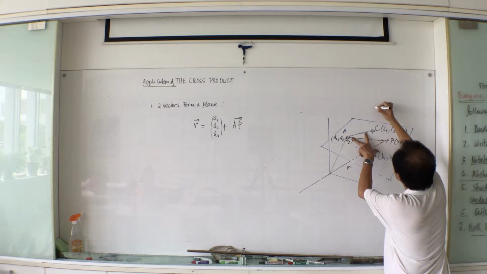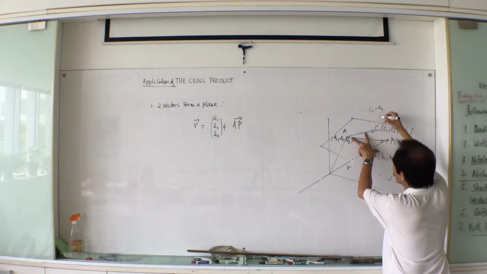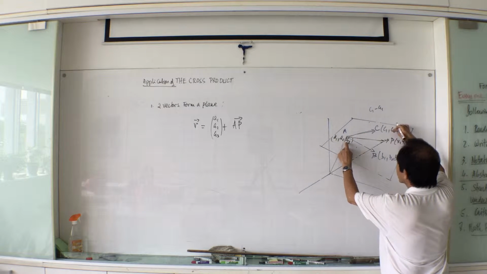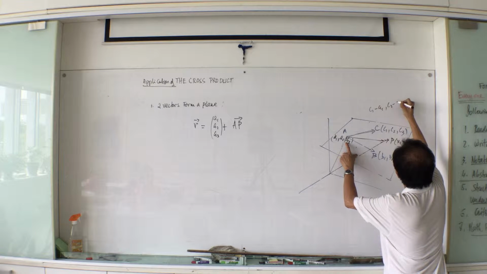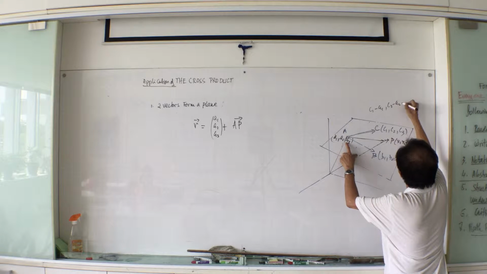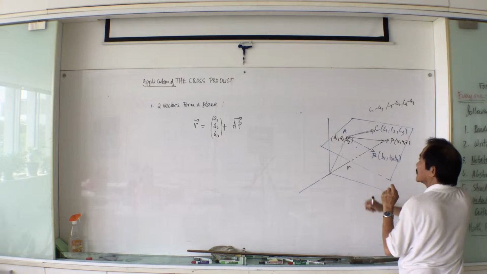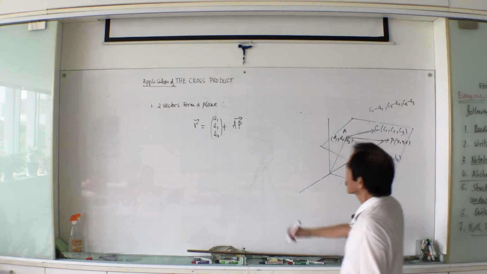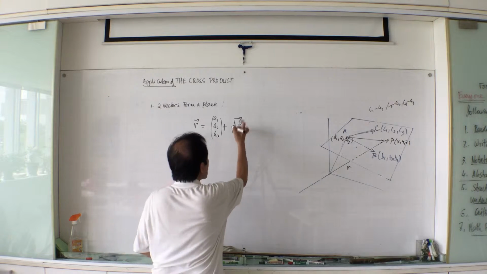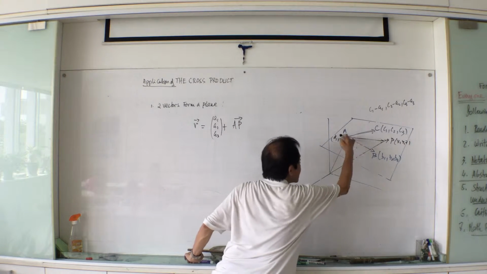So this vector here has C1 minus A1 for X, C2 minus A2 for Y, and C3 minus A3. That is vector AC. So AP equals the combination of AC and AB.